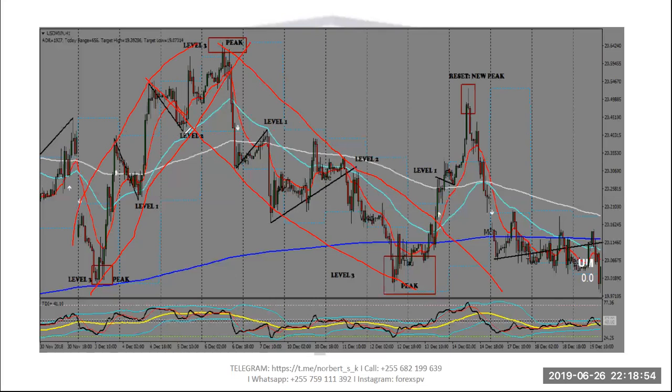I hope you're familiar with those terms. Are you familiar with those terms? The higher low and the higher high. Yes.